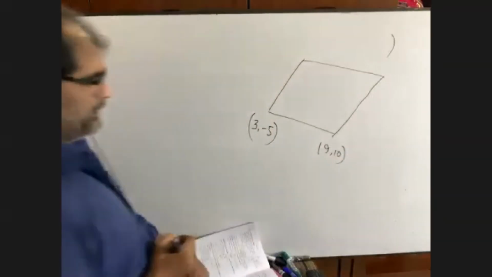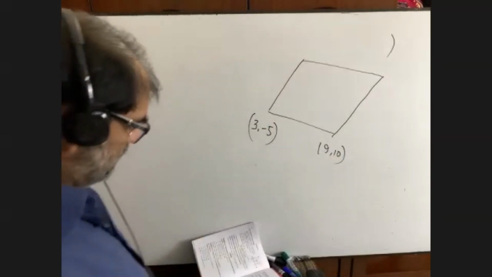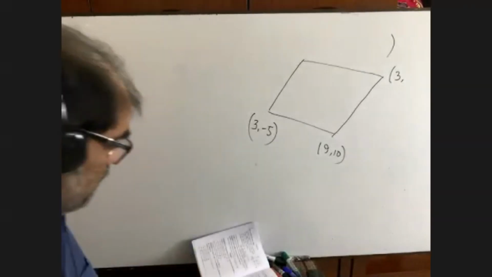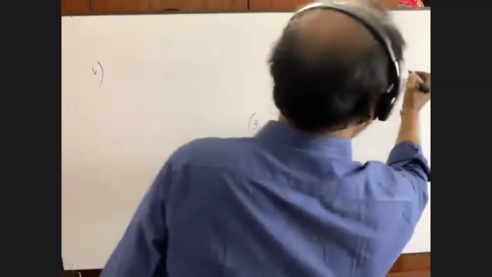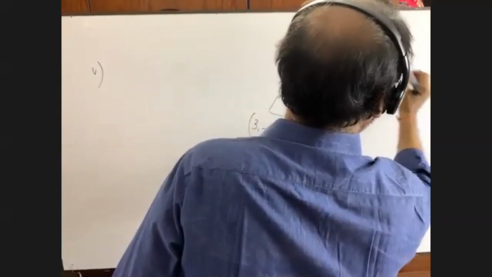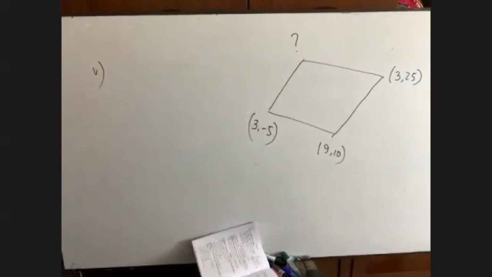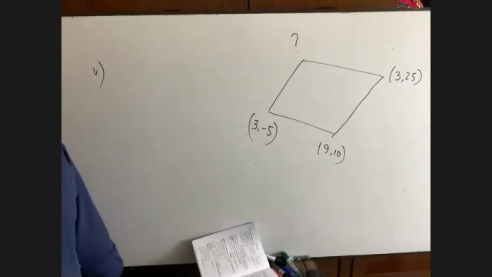It is, suppose 3, can you see? Yes, 3, 25. Now you have to find this point. Find it.